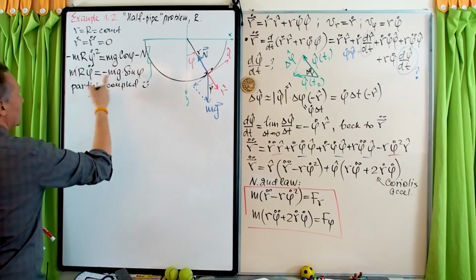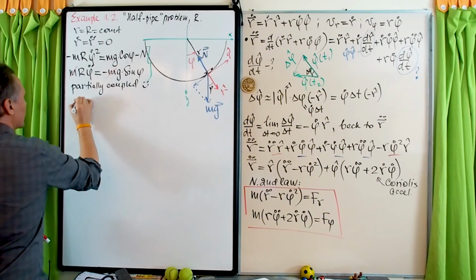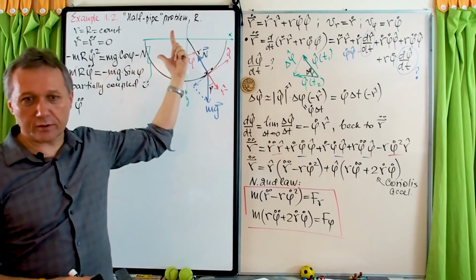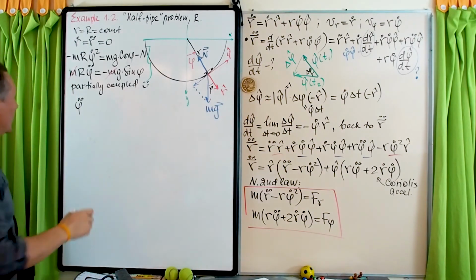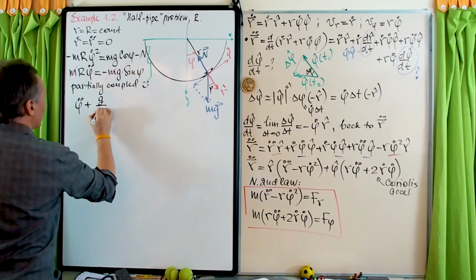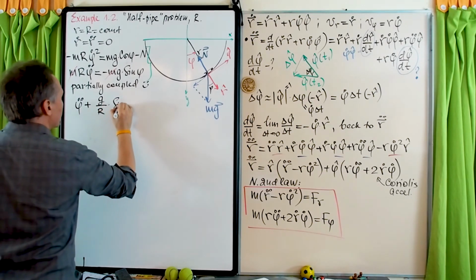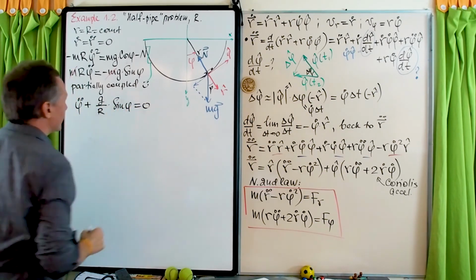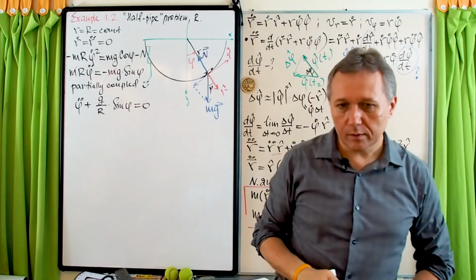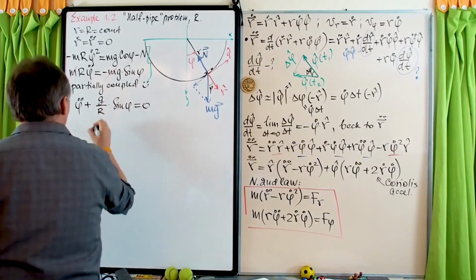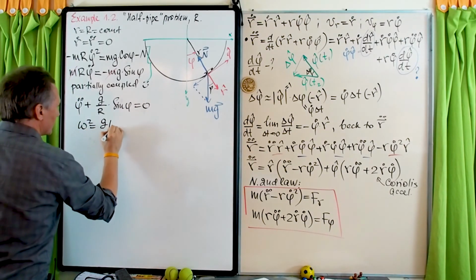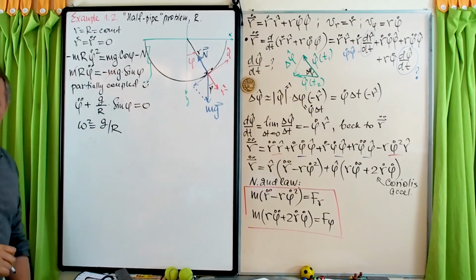So let me just rewrite the second equation. Since we are interested only in the description of motion, we're not interested in the normal force. It will be phi double dot plus g over r sine phi equals 0. Of course, this equation cannot be solved analytically. We're going to introduce omega squared instead of g over r, following the trend.